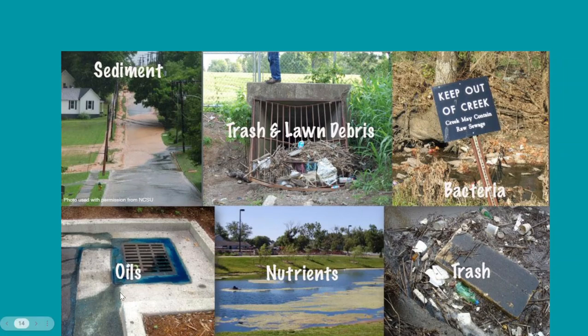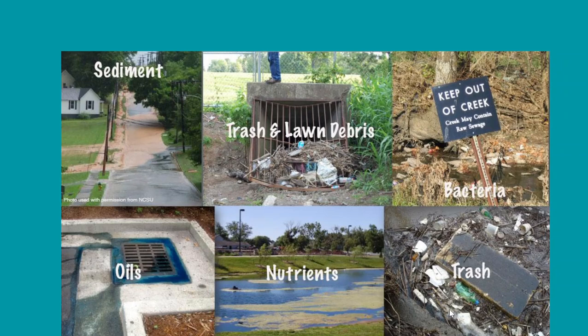Also oils that come from the bottom of cars that are driving around on the roadways. If they are dripping oil or antifreeze or anything like that, that's going to get caught up in water that's running off on the roads, and it's going straight into that storm drain. There are nutrients that can end up in the water too. A lot of times that'll come from fertilizer that we're using for keeping our grass green and lovely.